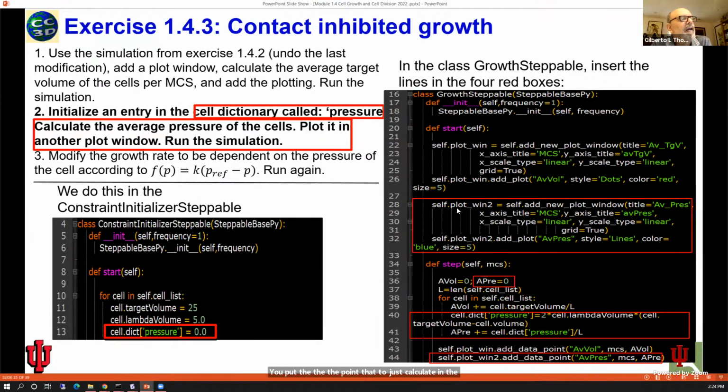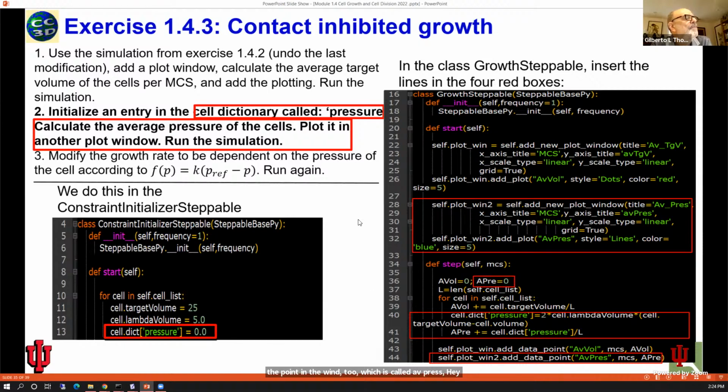When you create a new self-plot window here, you have to put a different number here. See, the first one was win. The second is win2, because it's a new one. You have to have different names here. And here, you add the point in win2, which is called AV press.